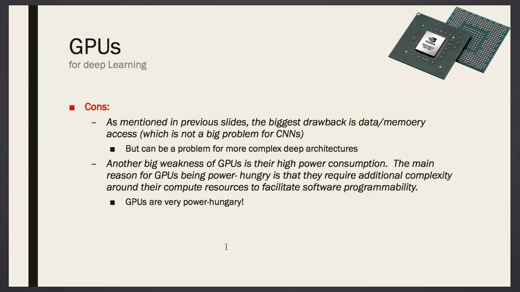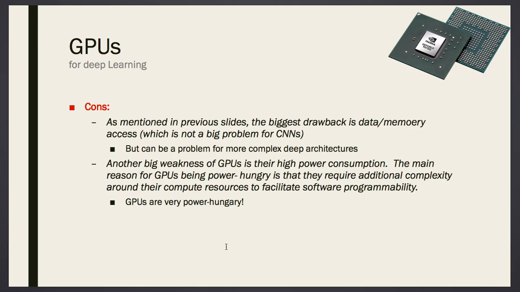And another big weakness of GPUs is their well-known, notorious high power consumption. Well, if you create little arithmetic logic units instead of a single big one, your power efficiency architecturally falls. You spend a lot of power. That's why GPUs are very power hungry, guys.